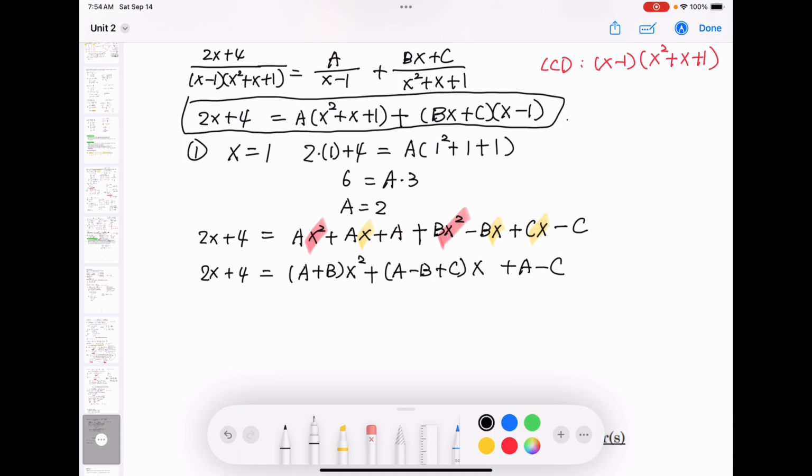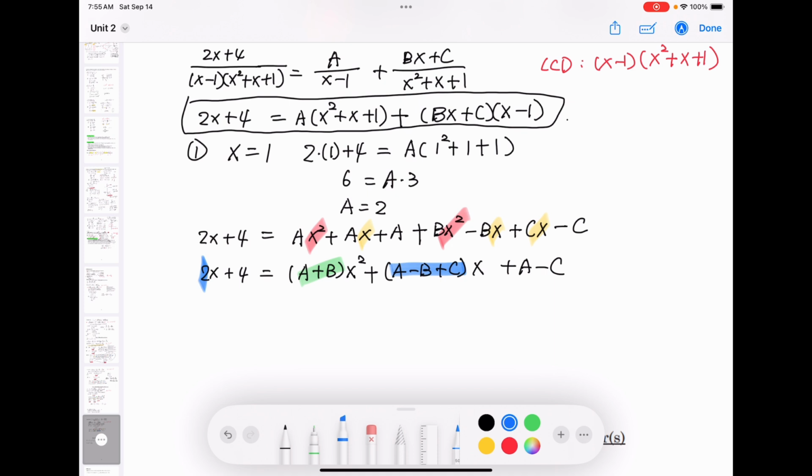All right, so look at our left-hand side. Do we have an x squared term? No, that means a plus b is 0. Do we have x? Yes, so that means a minus b plus c is equal to 2. And the 4 is equal to a minus c.